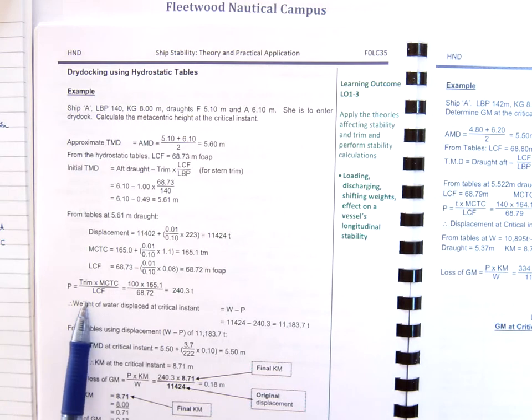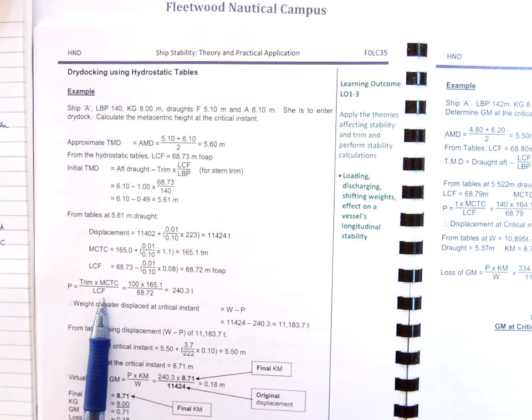P is trim times MCTC over LCF. Trim is the difference between our two drafts in centimetres. We must put that in centimetres. And MCTC and LCF we can only get by using the tables, and we have to get the true mean draft to get the values.